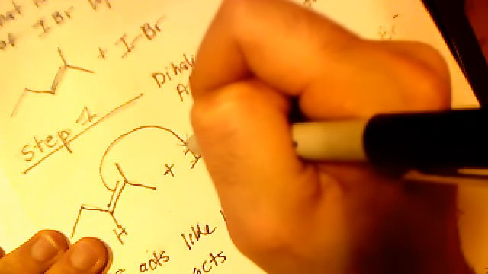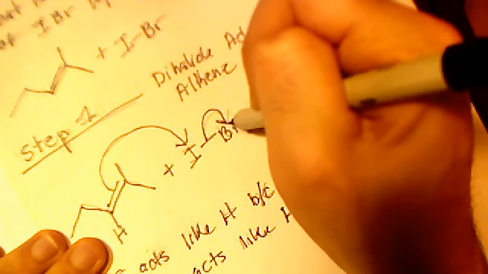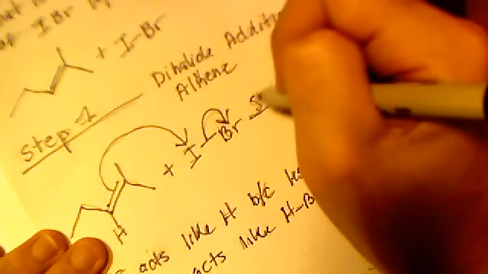So the pi bond from the alkene acts like a nucleophile, donates 2 electrons to the iodine, which breaks its bond with the bromine. The bromine cuts off. This is the slow step.